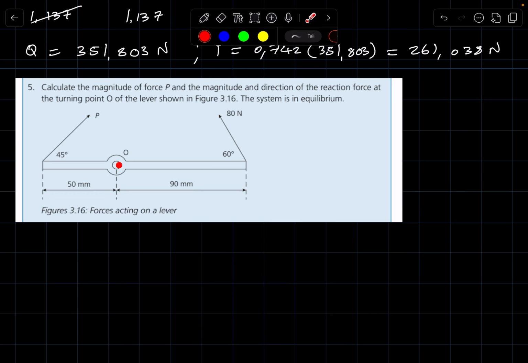This oblique force is going to have components in the x direction and in the y direction.